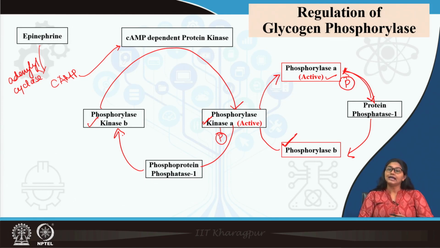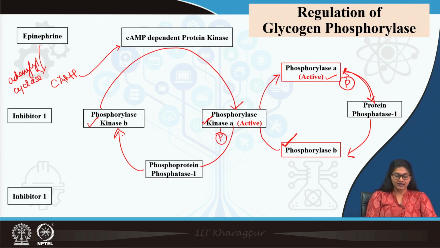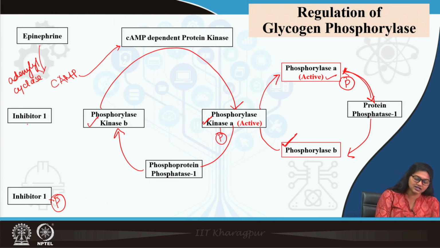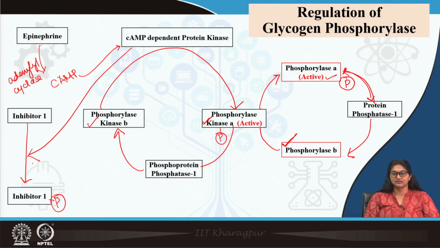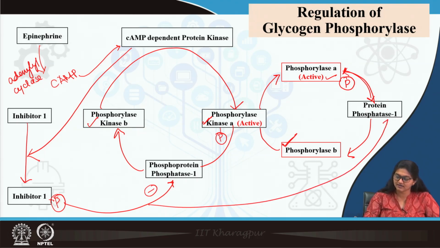Now, there is one inhibitor, inhibitor 1. This inhibitor 1 is also present in active and inactive forms, and definitely the active form is once again the phosphorylated form. This phosphorylation is done by cyclic AMP dependent protein kinase. So, cyclic AMP dependent protein kinase activates inhibitor 1. On activation, this inhibitor 1 inhibits protein phosphatase.